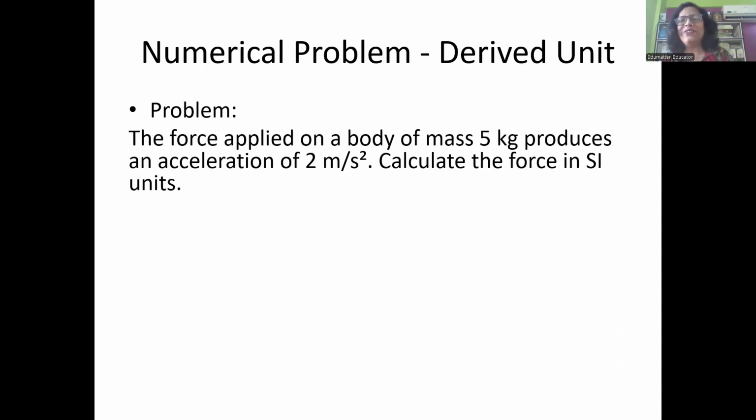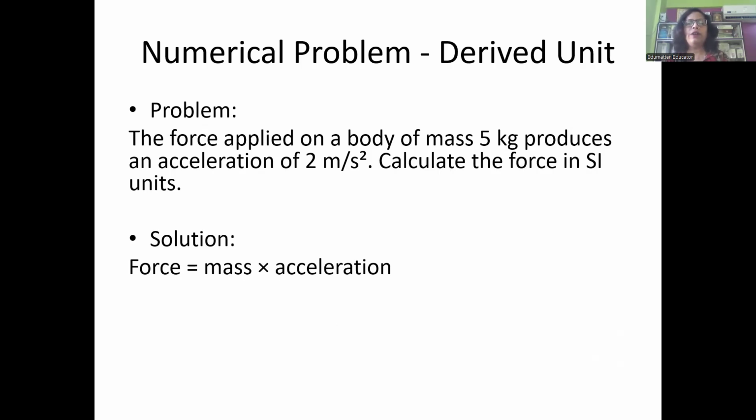Now let us go for solving some numerical problems. The first one is about derived units. The problem statement is: the force applied on a body of mass 5 kg produces an acceleration of 2 meter per second square. Calculate the force in SI units. So let us go for the solution now. How can we solve? First we need to write an expression.